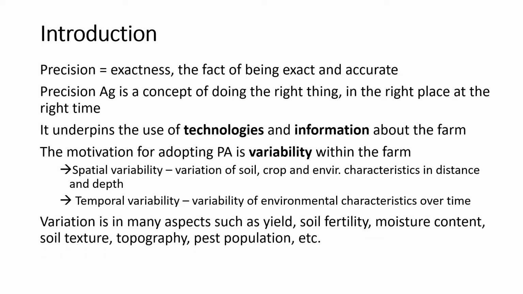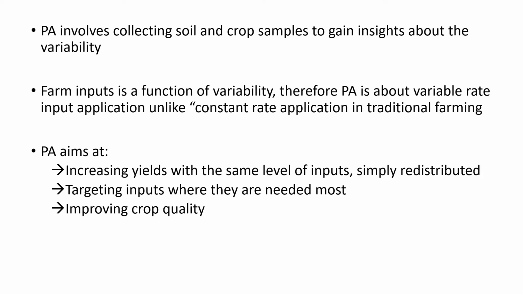Now, variability is in many aspects, such as yields, soil fertility, moisture content, soil texture, topography, pest population, etc. Precision agriculture involves collecting soil and crop samples to gain insights about the variability.